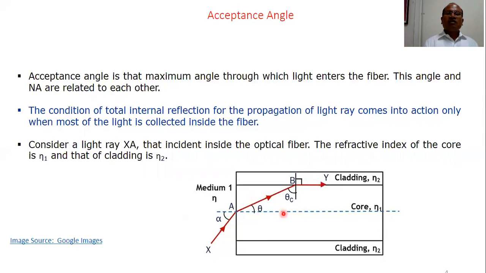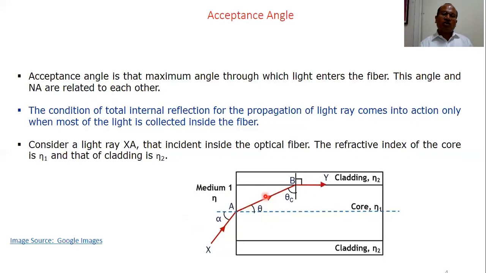Then you see that this material, that is core, has higher refractive index than the outside. If the core is glass, it will have around 1.5, which is higher, so light is refracted towards normal. That's the rule of refraction. If the refractive index is lower, it will be refracted away from normal. If it is higher, it will be refracted towards normal.